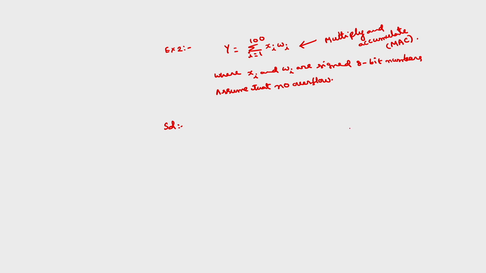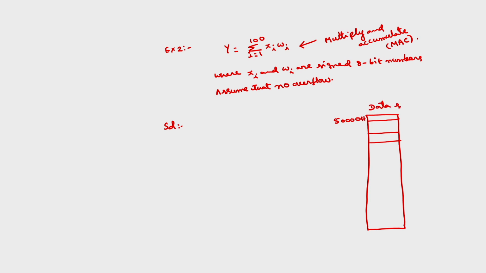I am assuming that xi is stored in some locations in the data segment starting with 50,000H, ending address will be 5FFFFH, 64 kilobytes of the data segment.